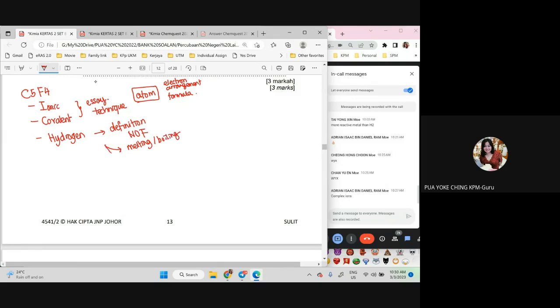It will also affect your solubility in water. It can dissolve in water even though it's a covalent compound. After hydrogen bonding, it will be your metallic bonding, with the same definition, and then how it conducts electricity.